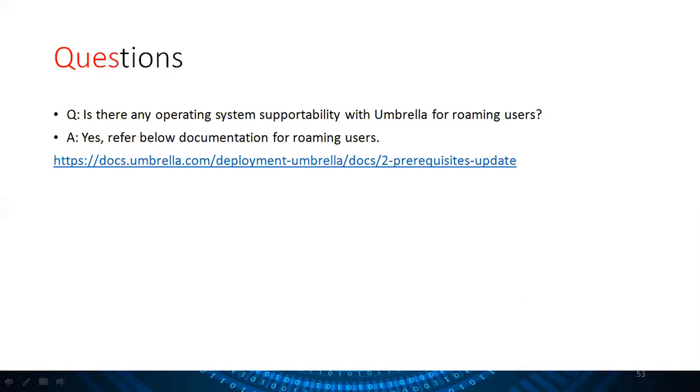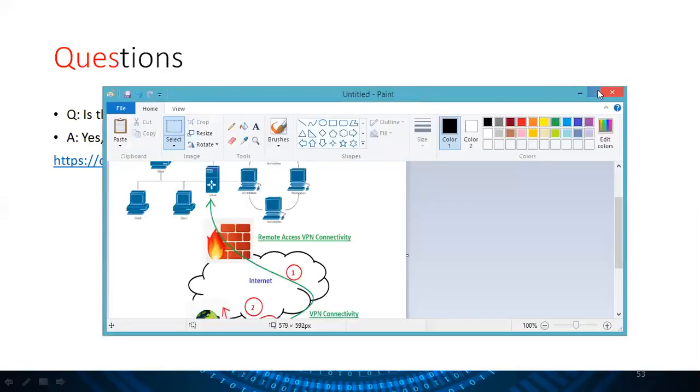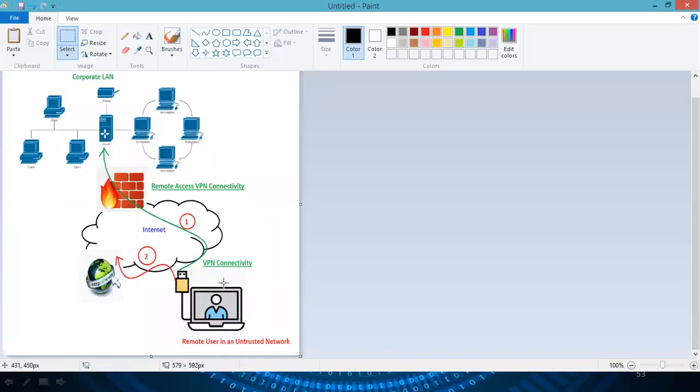Before we wrap up the session, I will quickly cover what roaming users are all about. A roaming user is an employee of the corporate LAN who is somehow residing on the internet. If he's connected to the VPN, based on the VPN settings we can enforce the DNS servers, and the VMware-based DNS server will be inherited from the VPN settings.